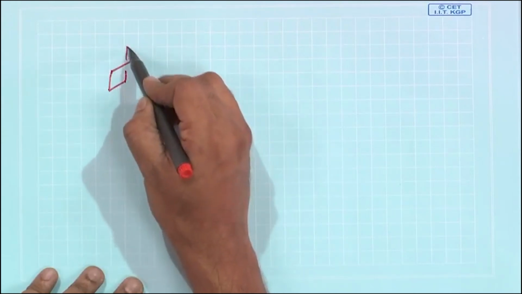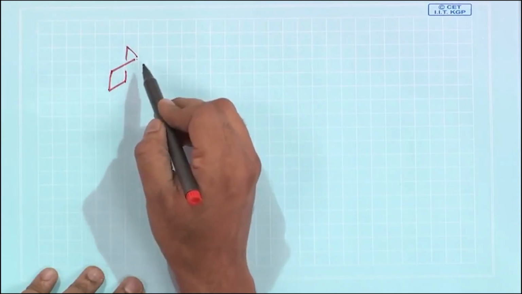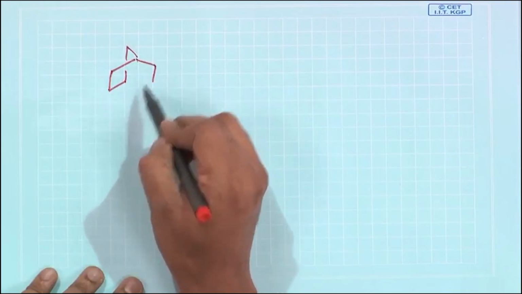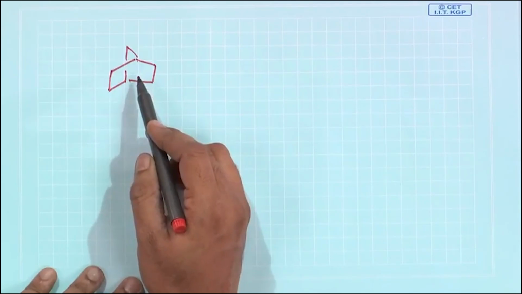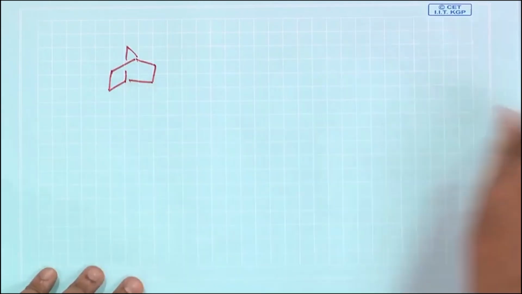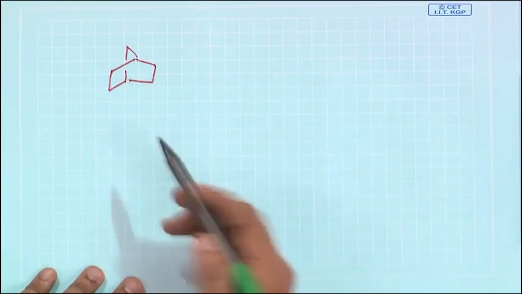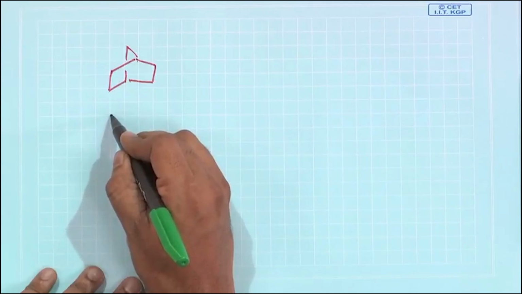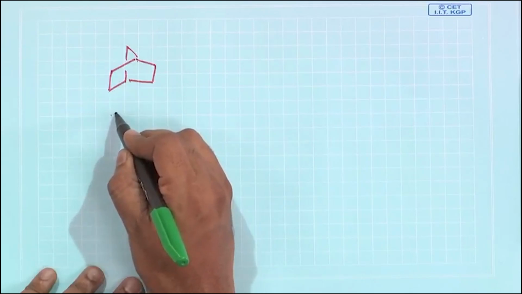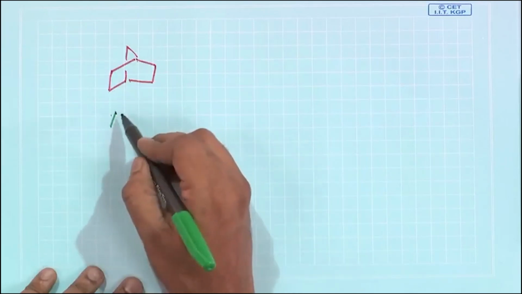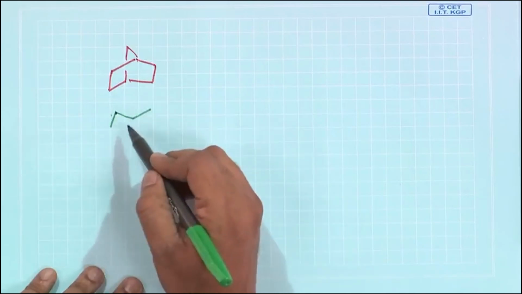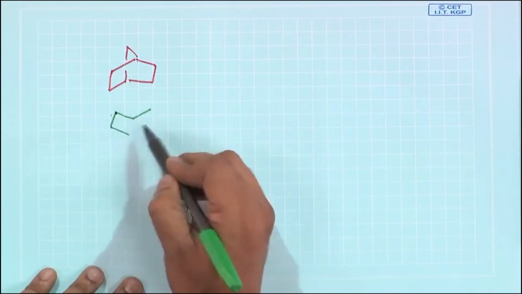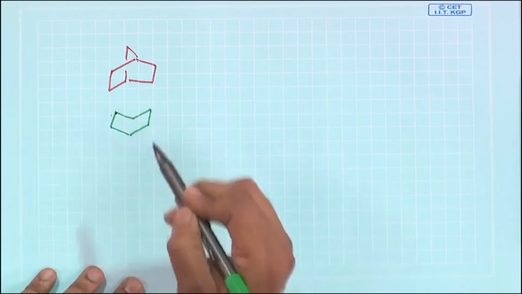This structure, if you draw it, you will find that, we first drew a norbornene skeleton, and now I am saying that I will be drawing another norbornene skeleton in the bottom part of this top norbornene which was drawn here.